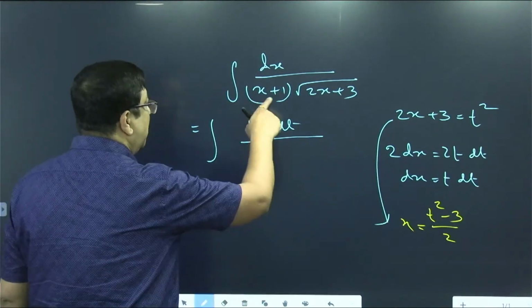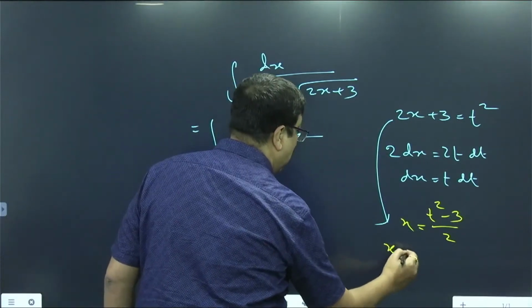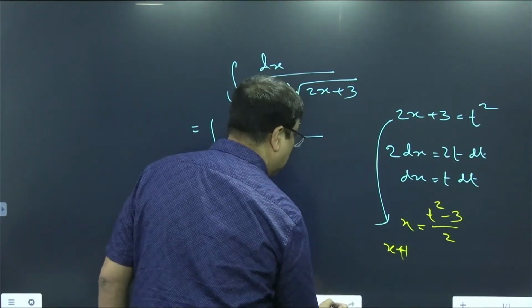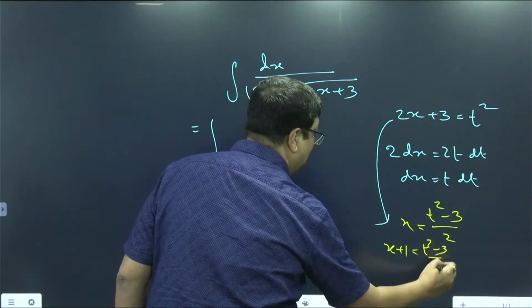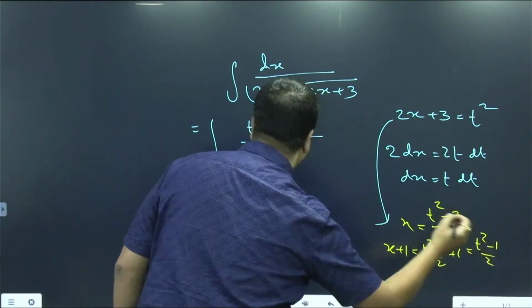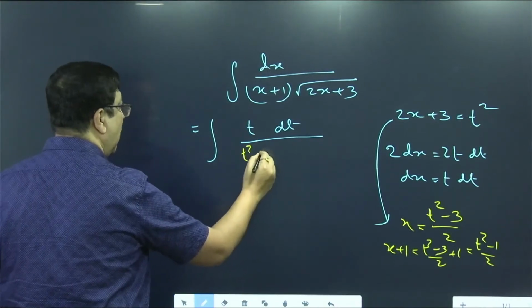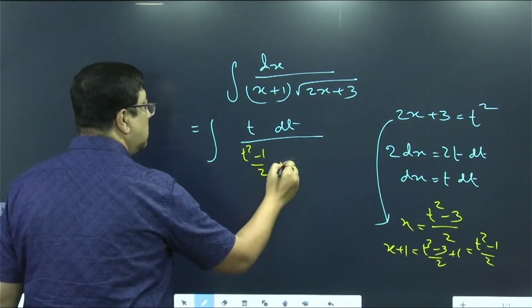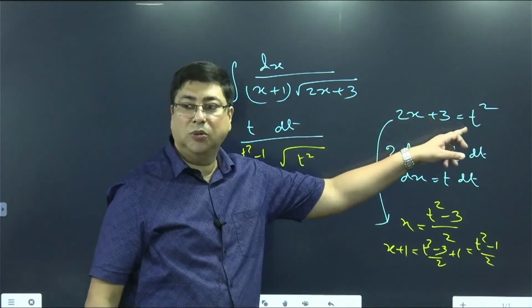Now, x plus 1, if I calculate outside, x plus 1 equal to t square minus 3 by 2 plus 1, that is t square minus 1 by 2. Therefore, instead of x plus 1, I am writing t square minus 1 by 2. This is root over of t square, because 2x plus 3 is t square.